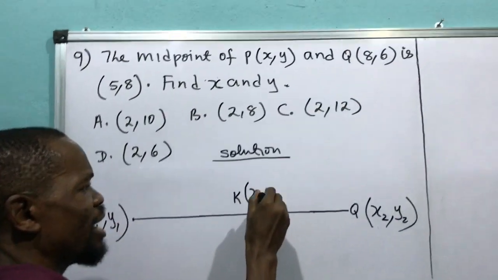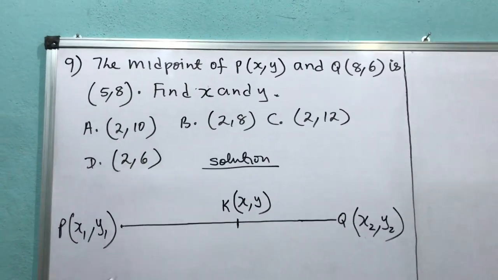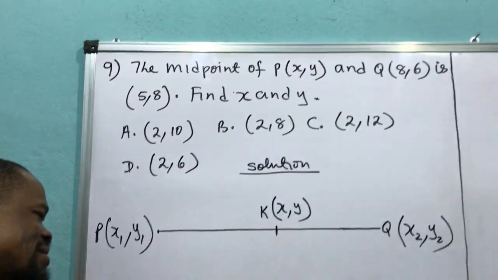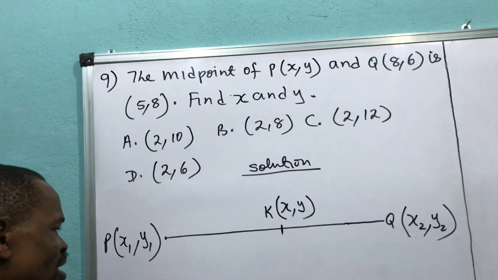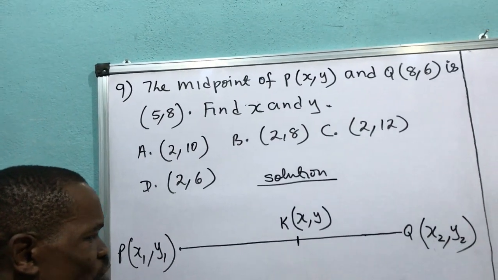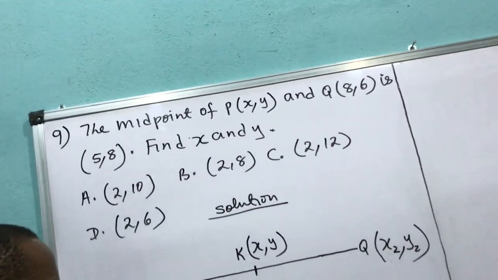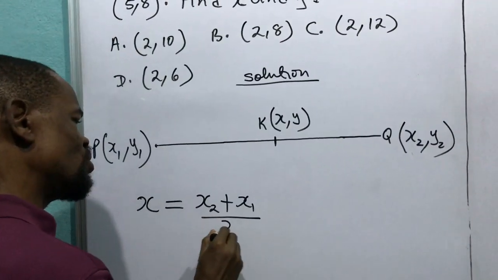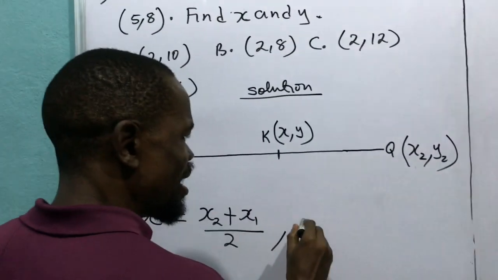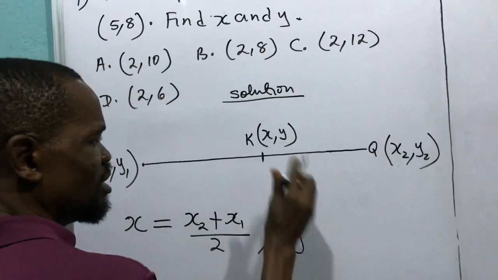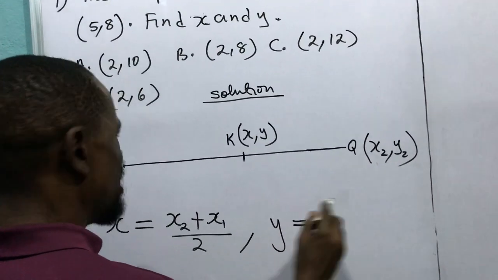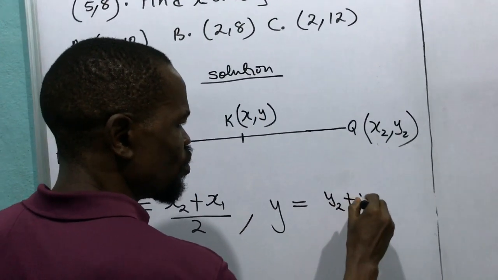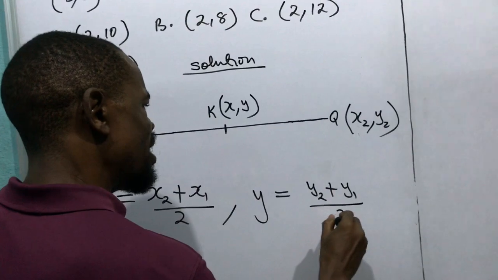x, y. And we say that for x, I'm doing for x now, I will have that x is equal to x2 plus x1 divided by 2. Then I'll have for y, this one, is equal to y2 plus y1 divided by 2.